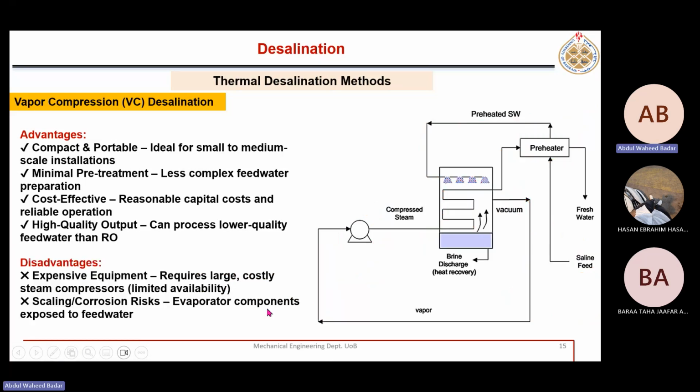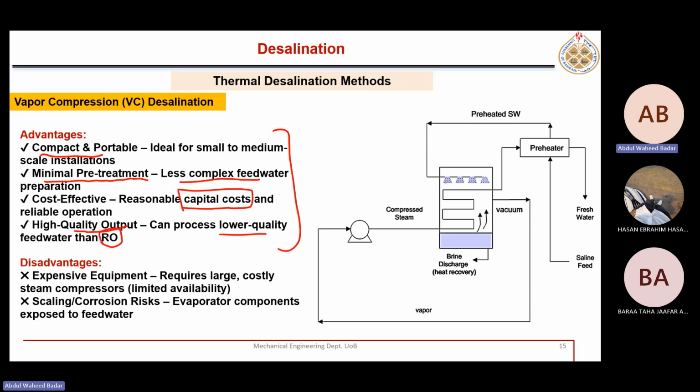So advantages and disadvantages are mentioned here. Okay, it's clear. It is compact, definitely, and portable. Minimum pre-treatment is required. Less complex feed water preparation. Cost effective because the capital costs are not that big. High quality output. They can process low quality feed water.